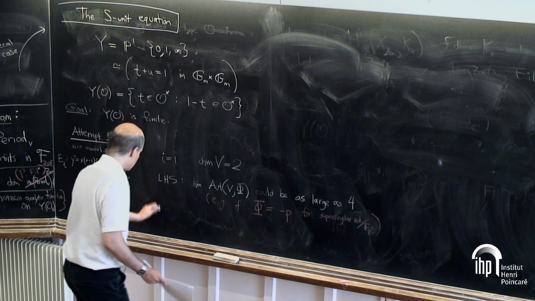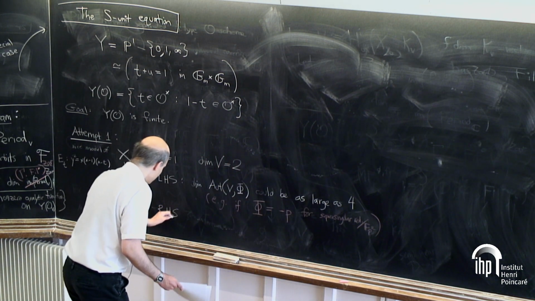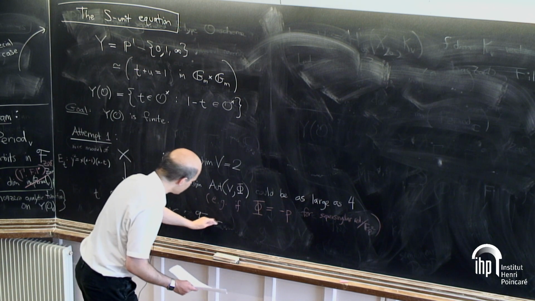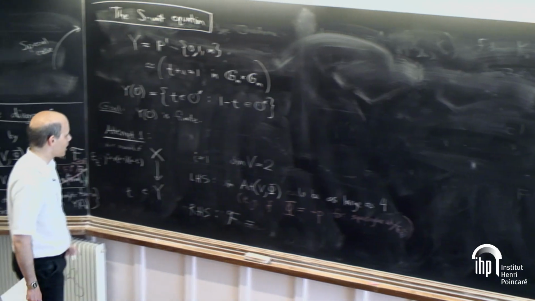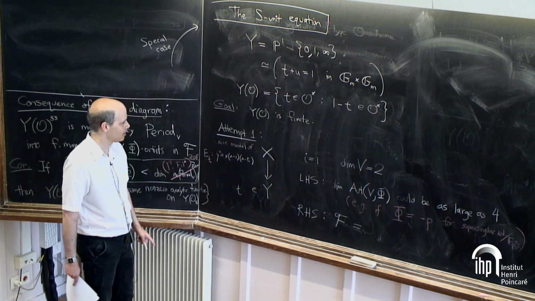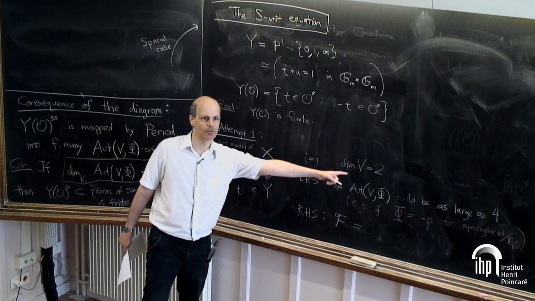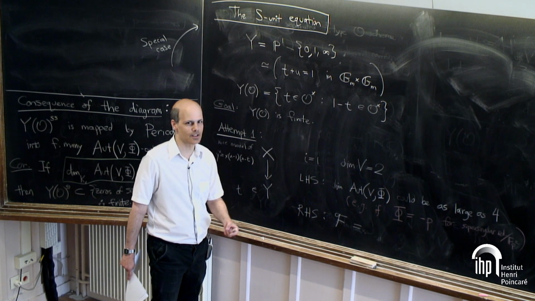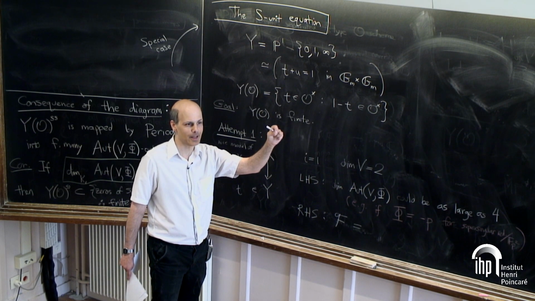And how big is the right-hand side? Well, you'll see very soon this is not good. Because what's the flag variety in this case? This is describing the possible Hodge filtrations on this two-dimensional de Rham cohomology. But the Hodge filtration in this case just consists of giving a one-dimensional space inside here.